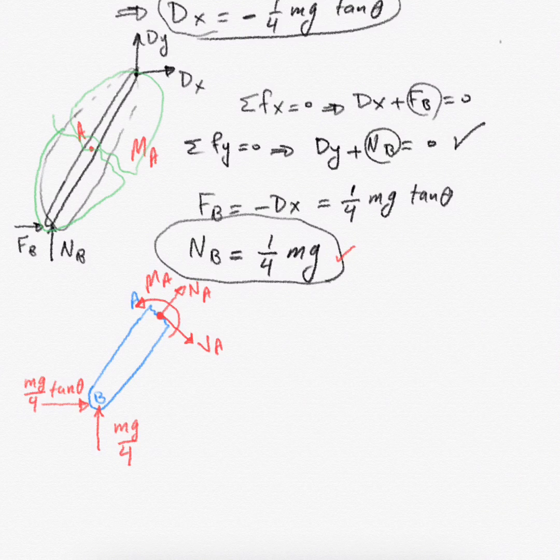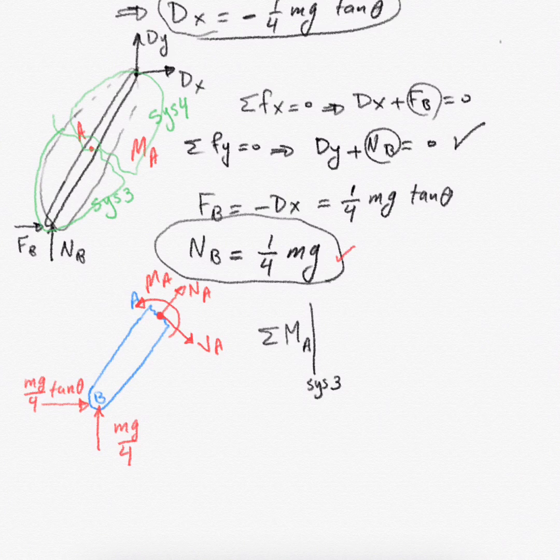Right? I didn't ask for VA or NA. So you just go ahead and say summation of moment about point A in system 3. Let's call this green system on the left system 3, and the green system on the right, which we're not going to use, but let's call it system 4.